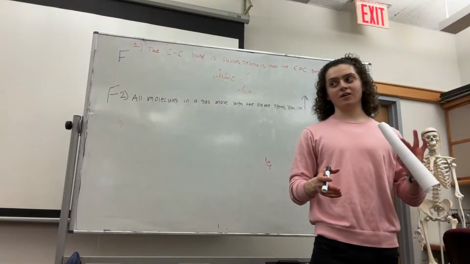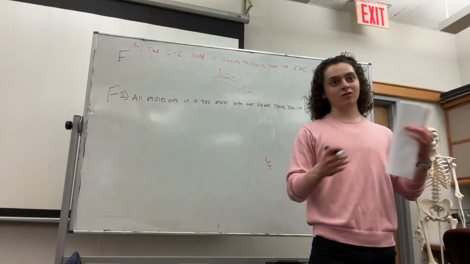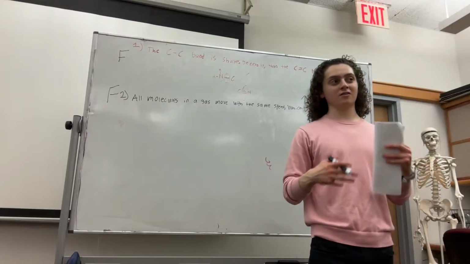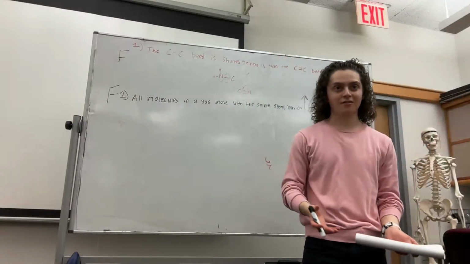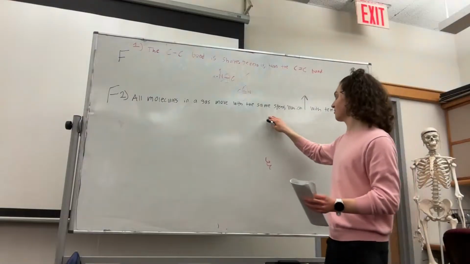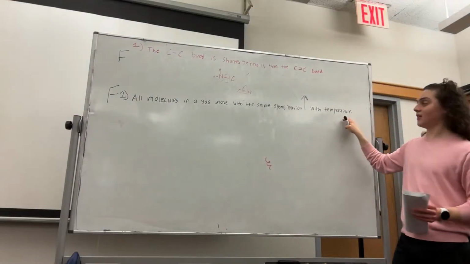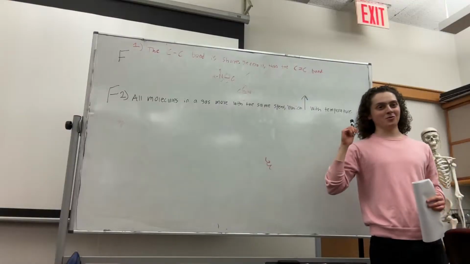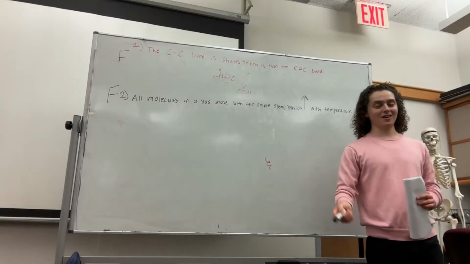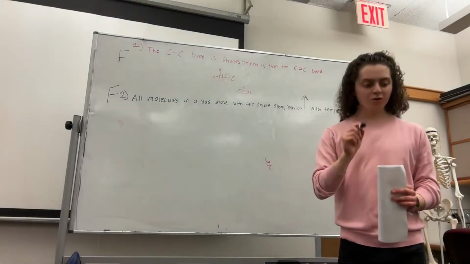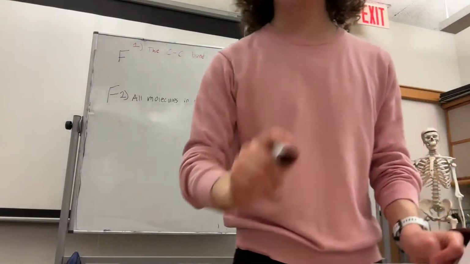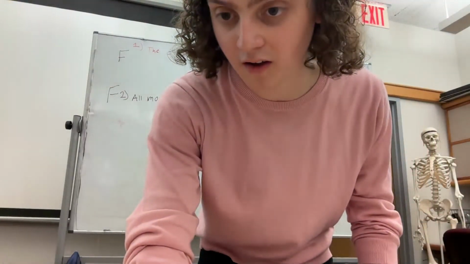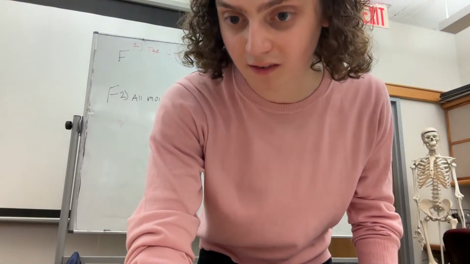If one molecule of gas hits into another molecule of gas, we don't consider that as changing the overall energy of the gas. The only thing that's going to change the overall average kinetic energy is temperature. So that's going to be what we want to think about in terms of ideal gas. So I would mark down something to study and to memorize: the assumptions of the ideal gas.